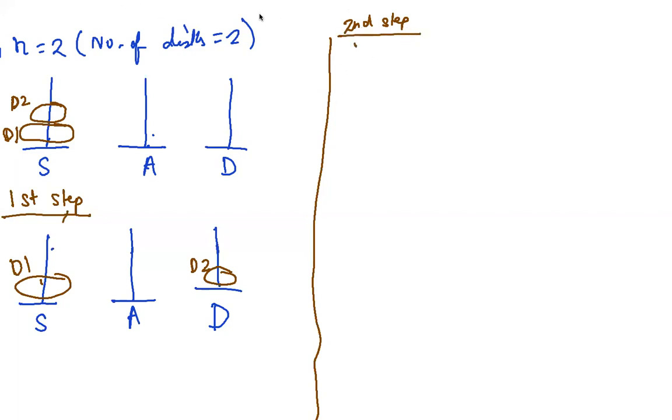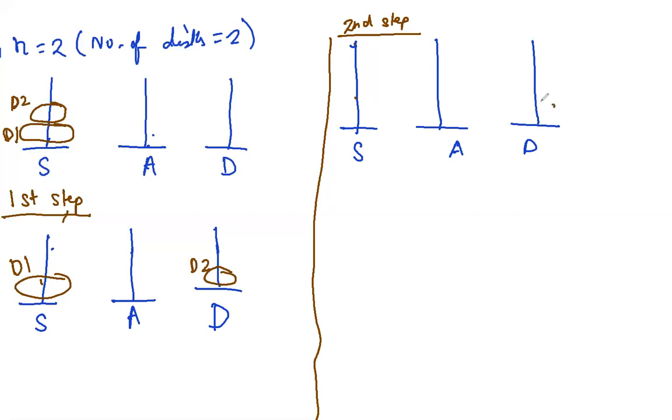Again I have the three pegs, S, A and D, and now my objective is to move D1 to D first.